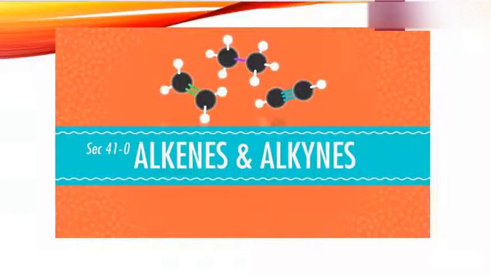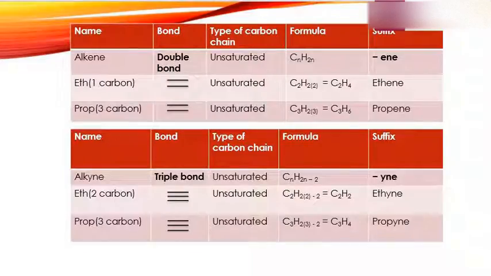Then next we have alkenes and alkynes. Alkene. In alkene the bond is double bond and it is unsaturated carbon chain.